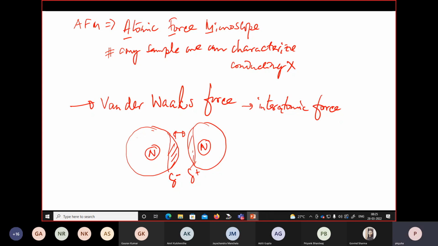Now this van der Waals force is one of the most fundamental forces, as I said, at the atomic scale, but we hardly can see it because it exists at the atomic scale.